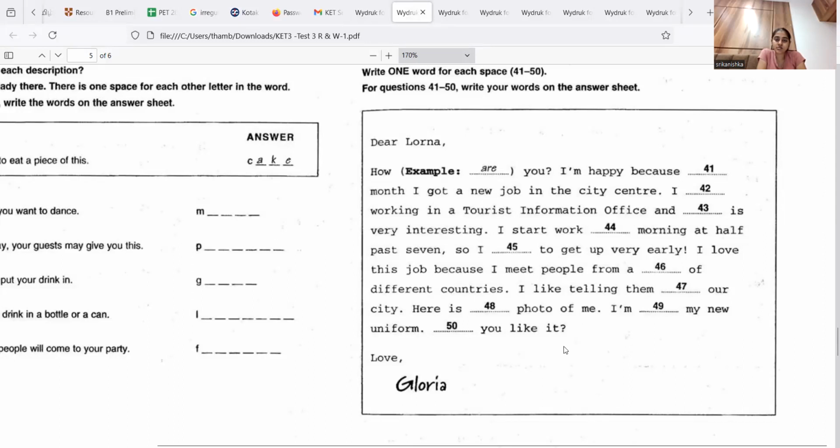Take your time. You can read it with the blanks, then you have to really fit it in. You need a little bit of time for each dash.